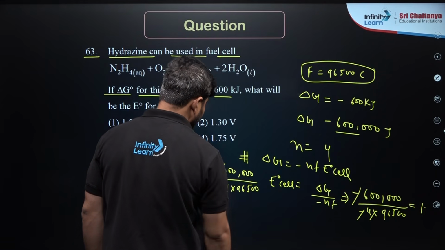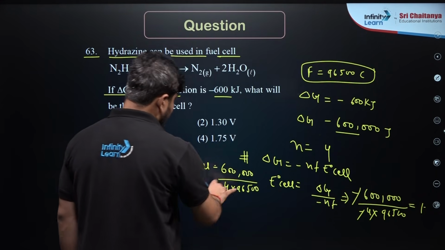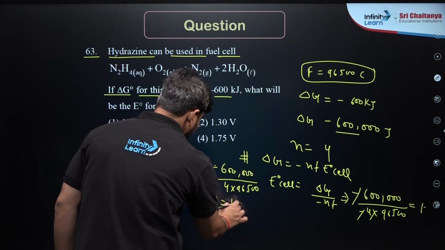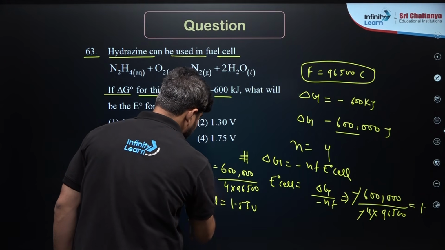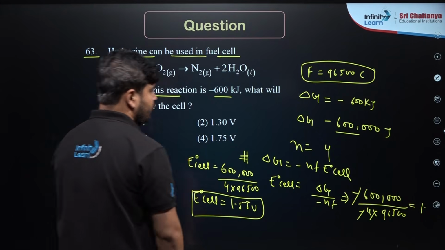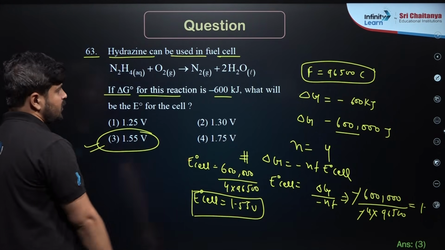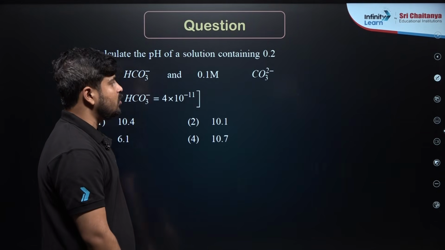If we solve this, E naught cell comes to 1.55 volt. So which one is the correct answer? Option third is the correct answer of this question. Easily we can solve it like this.